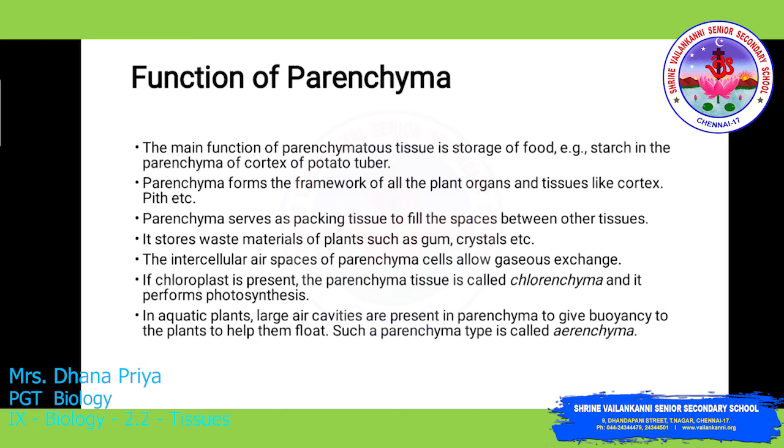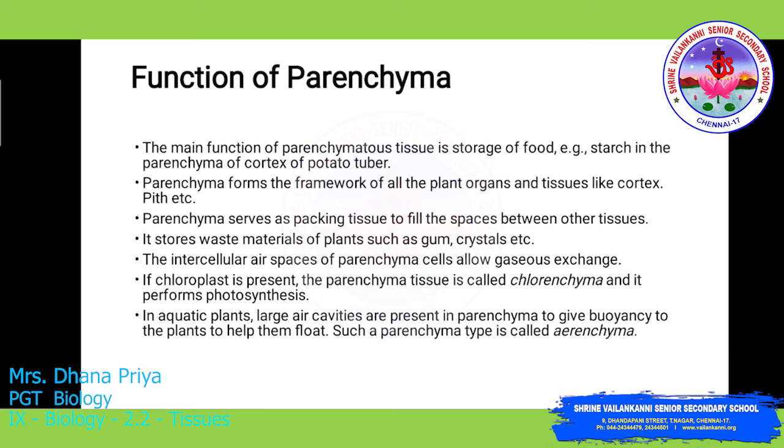Function of parenchyma. The main function of parenchyma tissue is storage of food. For example, starch in the parenchyma of the cortex of potato tuber. Parenchyma forms the framework for all the plant organs and tissues like cortex, pith, etc. Parenchyma serves as packing tissue to fill the spaces between other tissues.